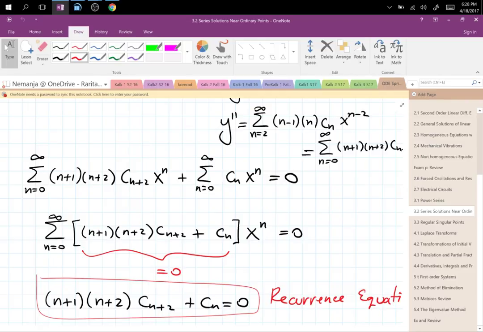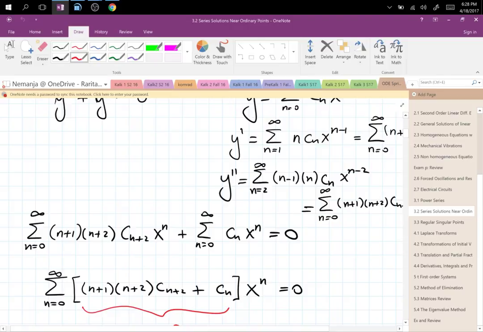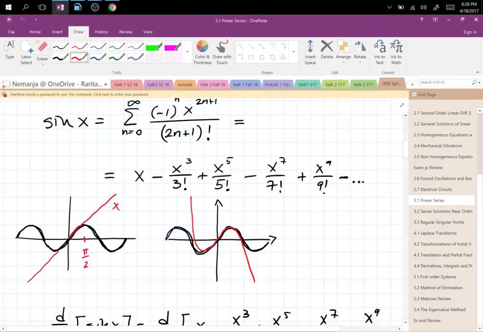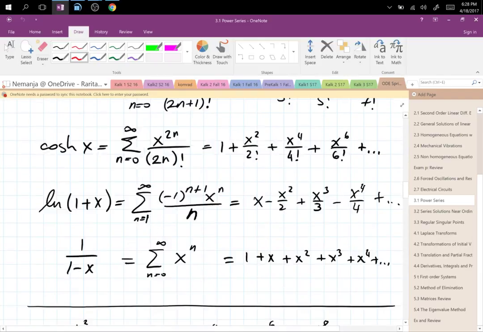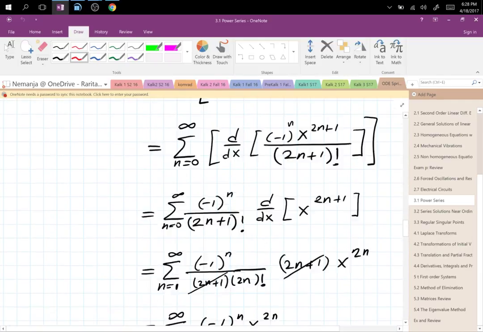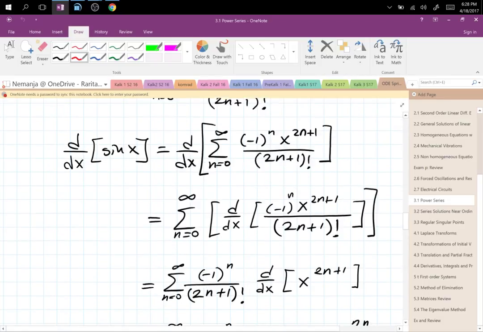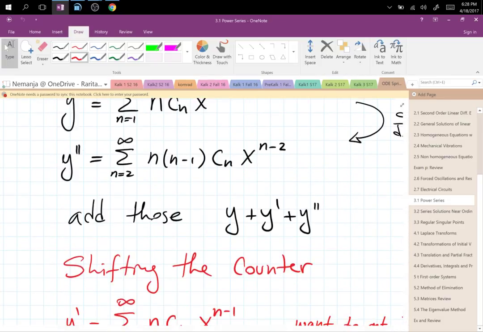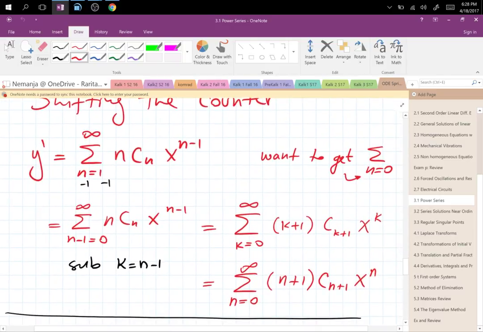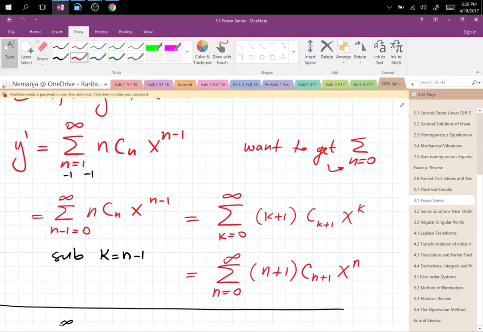But that's that part. We also have peeling the exponents. If you go back to power series, you first review power series, obviously. So all of this that we did in this class, there is a review for that. And then we talk about how to deal with derivatives. And shifting the counter is a very important part, so that we can go from the first derivative and shift the counter back to 0, so that we can line this series up.